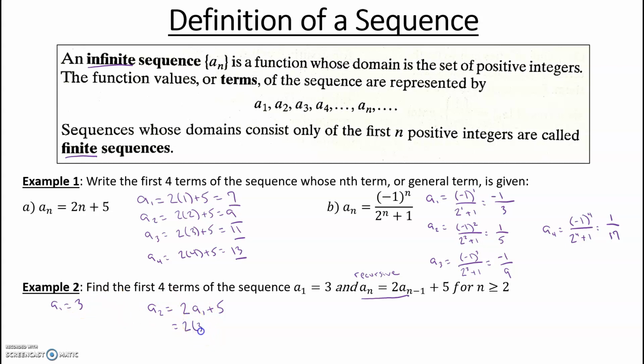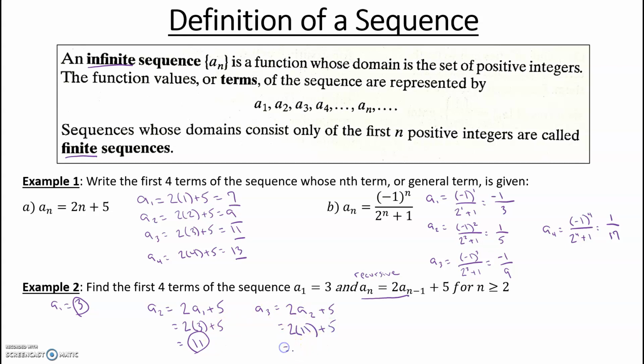So 2 times 3 is 6, plus 5 gets me 11. So we've got first term, second term. Let's find the third term. Again, it's 2 times a sub 3 minus 1, which is 2, a sub 2 plus 5. That means you need the second term to find the third. Luckily, we have the second term. It was 11.